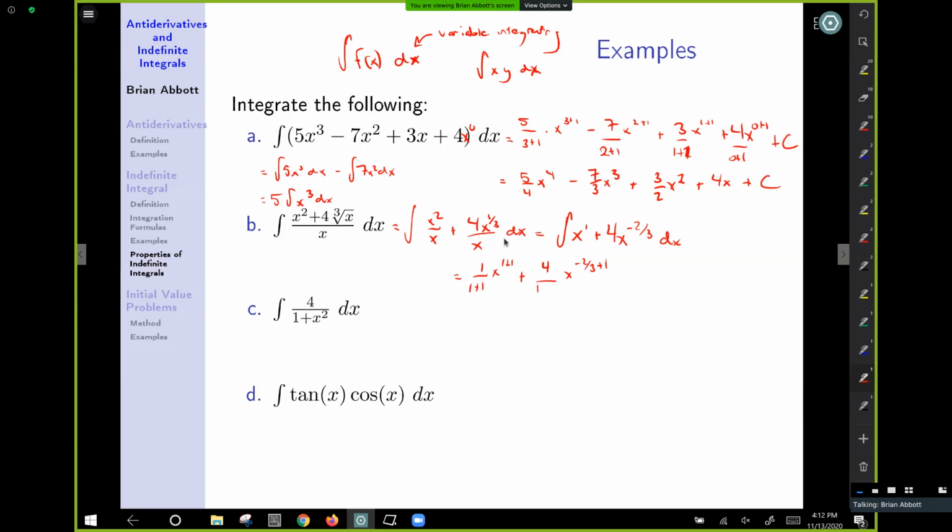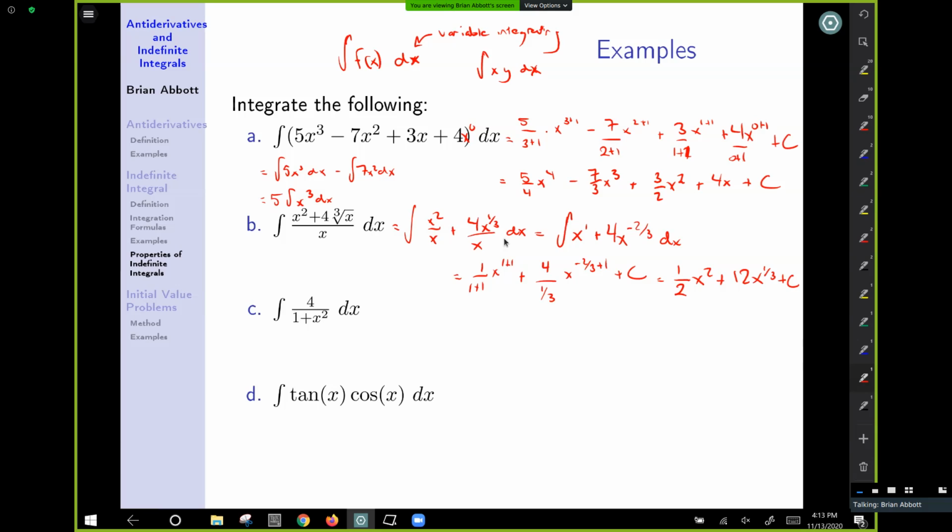I'm sorry, I shouldn't try and do things in my head. So 1 over 1/3, and then plus c. Tidy that up, get 1 over 2 x squared plus 12 x to the 1/3 power, and you can leave it as 1/3 power, or you could put it back into the third root if you prefer. Either one is good, neither one is better in this case.